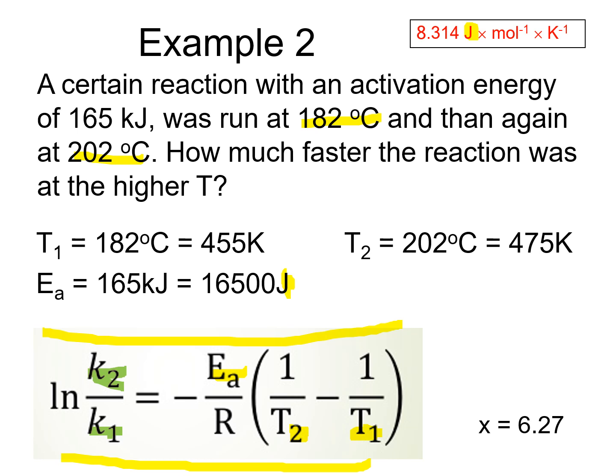So actually what it's asking you is how much bigger K2 is with respect to K1? So the unknown is not K2, is not K1, it is K2 divided by K1. So that should make it easier. So basically you set this as X and you plug in all the other numbers and you solve for X, and you get 6.27. So the reaction is about 6 times faster.